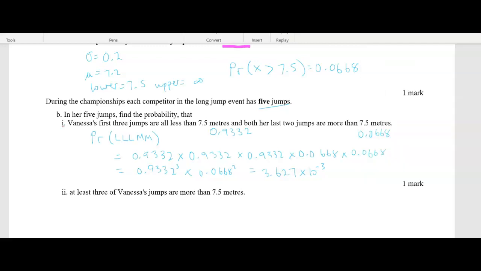All right, so you can leave it like that, but probably not good to leave it in scientific notation. So the negative 3 just means we move our decimal spot 3 places. So you can write 3627 and then just add your zeros in. So we've got 1, 2, 3, and there it is. So that's not 4 decimal places. So let's just write it now to 4 decimal places.